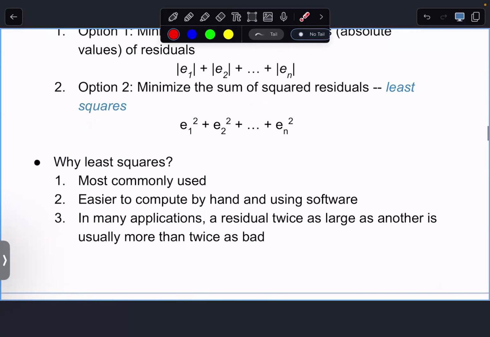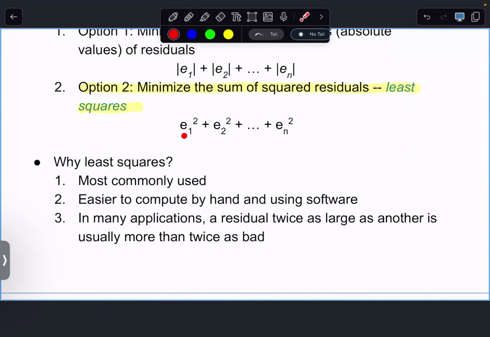Another way to make negative values positive so we can add them up is by squaring them. If I square a negative value, I get a positive. And so what we do is we fit a least squares regression line.